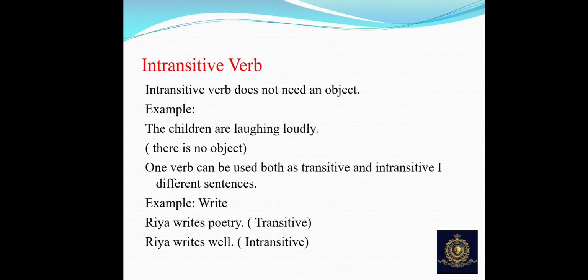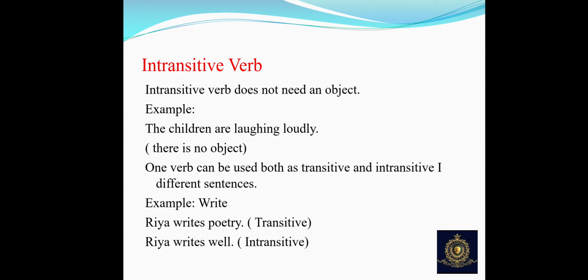Now remember, children, one word can be used both as transitive and intransitive in different sentences. How is it possible? Suppose we consider the verb write, and I have given two different sentences using the same verb. Riya writes poetry.